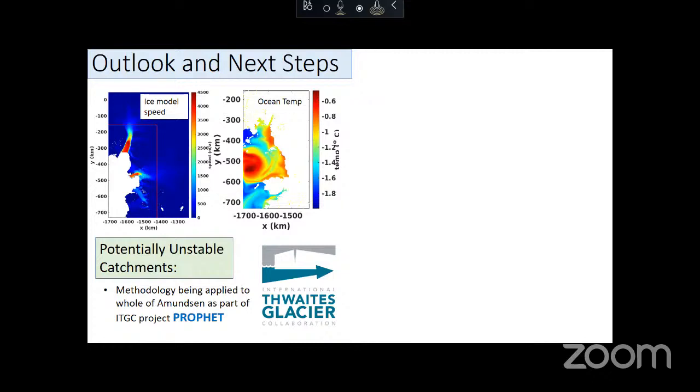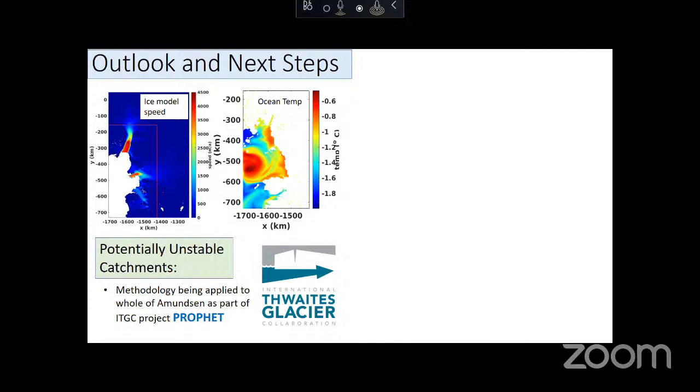And even now, more so than sea level change, I'm losing my diction here. There's isostatic rebound going on in places, actually in the Amundsen embayment. And I don't think anyone's really looked at that yet.